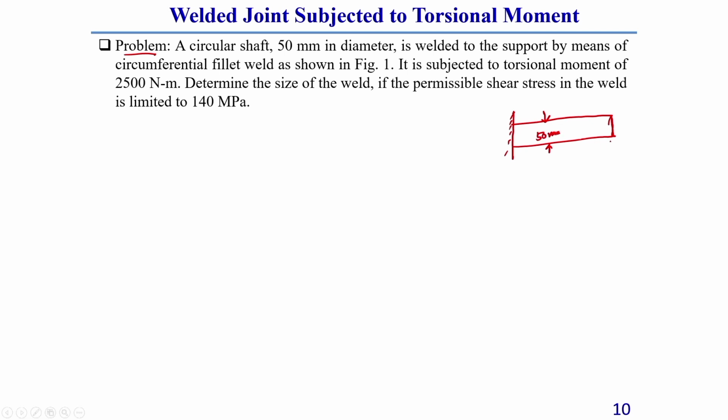It is welded to a support by means of a circumferential fillet weld. This circumferential fillet means the welding is done around the shaft. It is subjected to a torsional moment Mt, which is equal to 2500 Newton meter. Now, what do we need to find out?